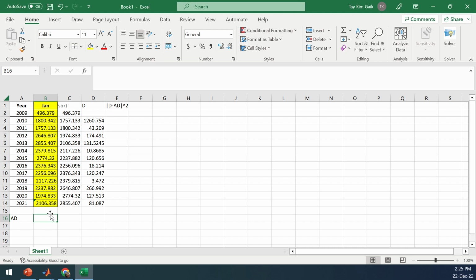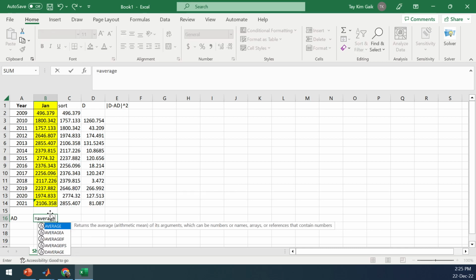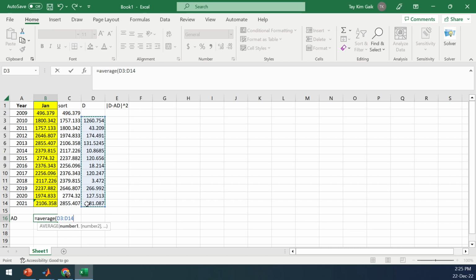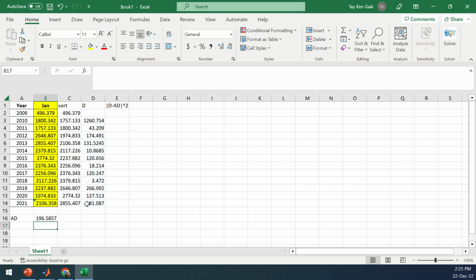AD is the average of the D, so AD is the average distance.